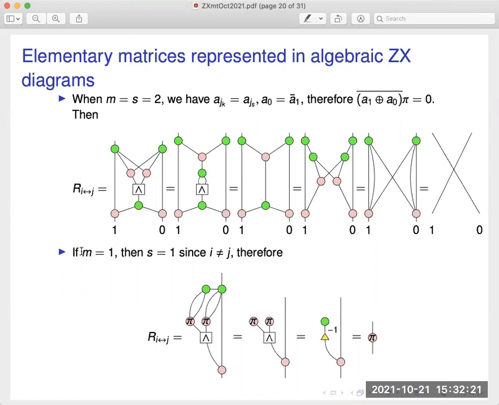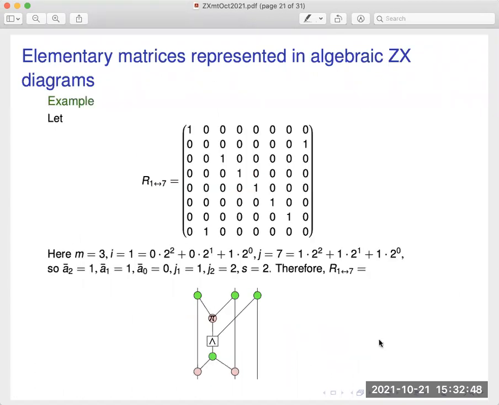If M equals 1, since the swap has I not equal to J, there's only a one element matrix, right? So this just doubles, and the final one is just the pi gate. Okay, that's the special case.